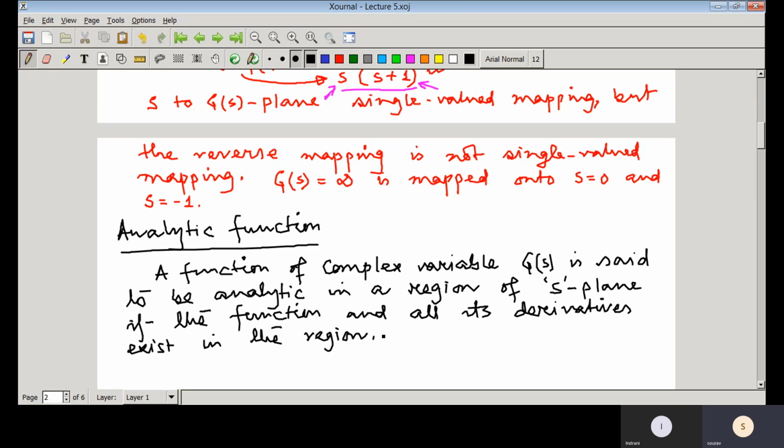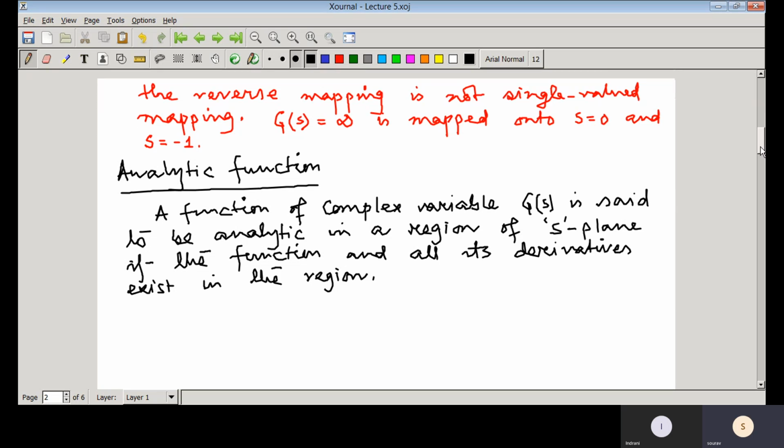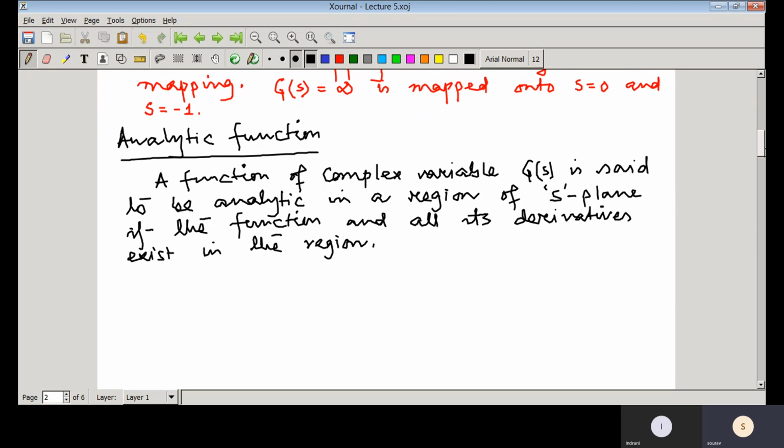So that means if you consider a region in complex plane, and if you can show that a function exists, that means it does not take any infinite value, so it exists, and all of its derivatives also exist in that region, that means you can say the function is analytic in that region.